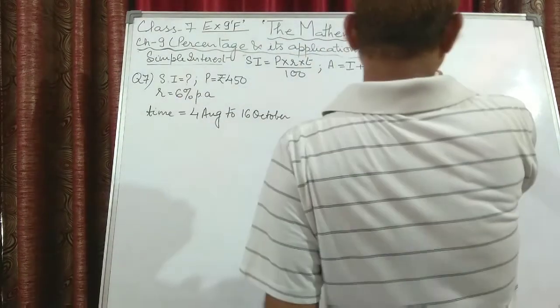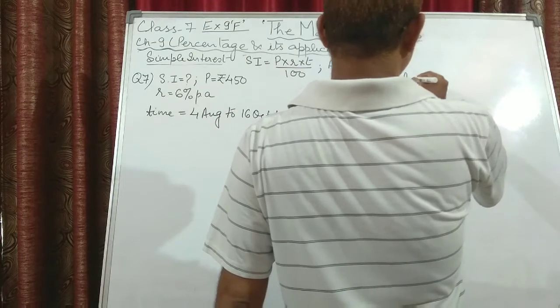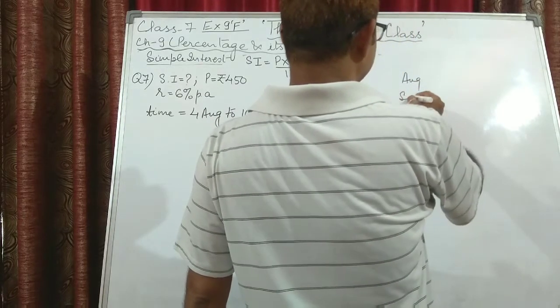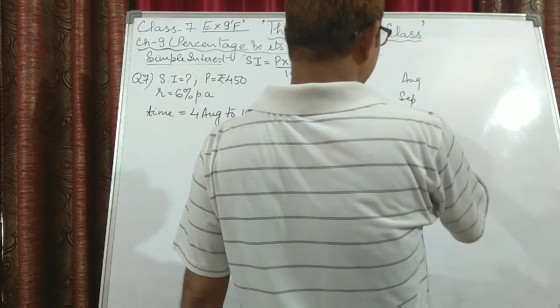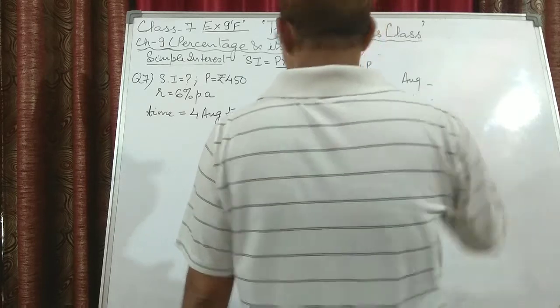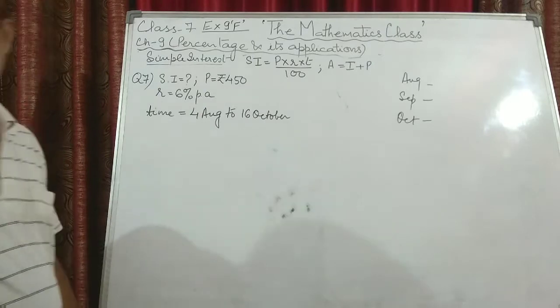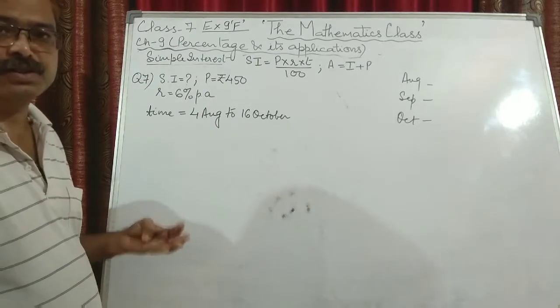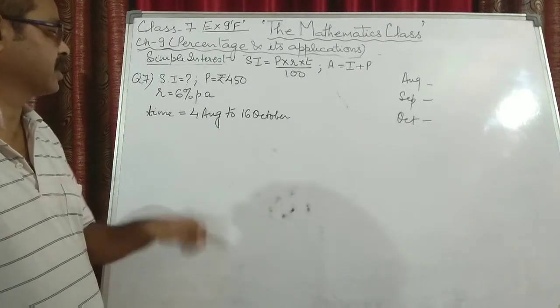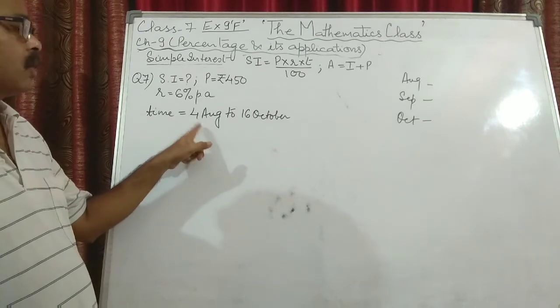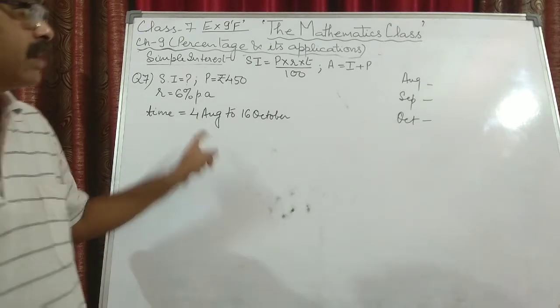Now how do we calculate the number of days? So August, September and October. In August, the person deposited on 4th. So the day when the money is deposited is not counted. It means August has how many days? 31 days.